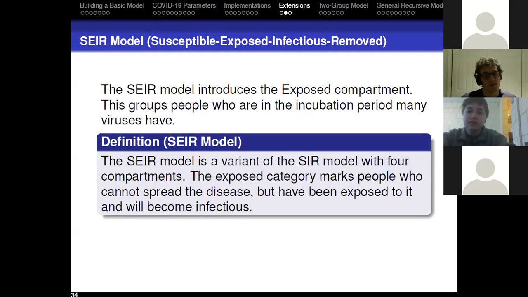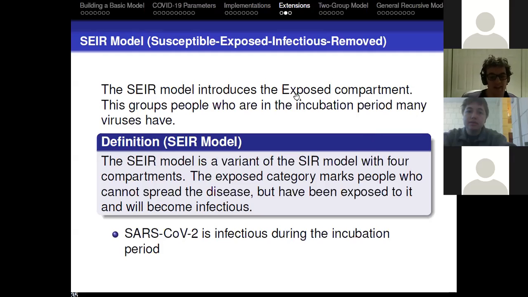SEIR model is another common extension. So it introduces the exposed compartment, which is people who are in the incubation period. So someone who's been exposed will become infected and infectious, but for the time is generally just, they will get it soon. So this, again, isn't very good for SARS-CoV-2 because one of the reasons it's so contagious is because it is infectious during the incubation period.